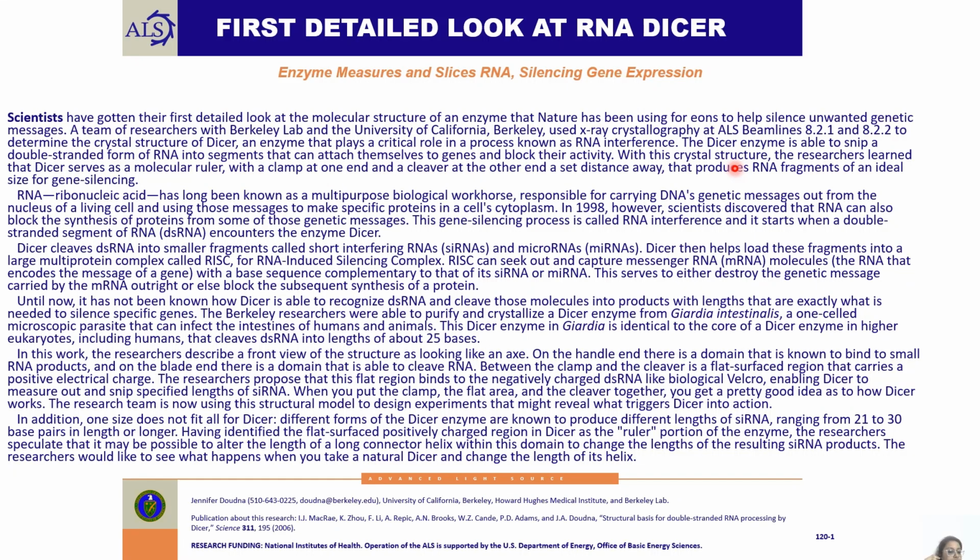Having identified the flat, positively charged surface region in dicer as the ruler portion of the enzyme, the researchers speculate that it may be possible to alter the length of a long connected helix within its domain to change the lengths of the resulting siRNA products. So researchers would like to see what happens when you take a natural dicer and change the length of its helix.